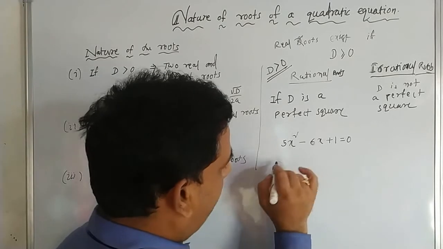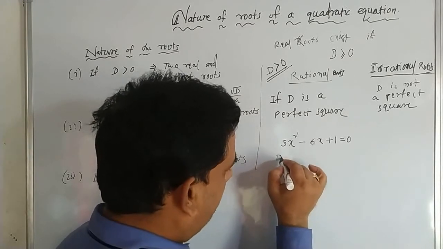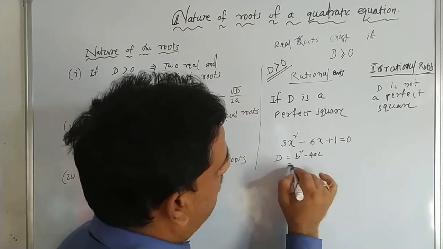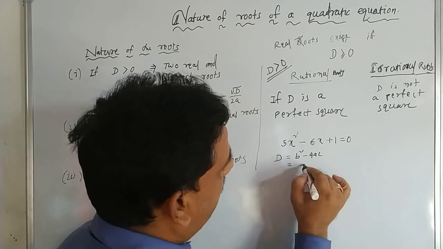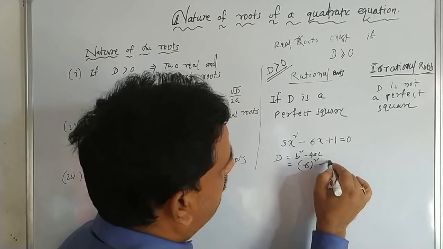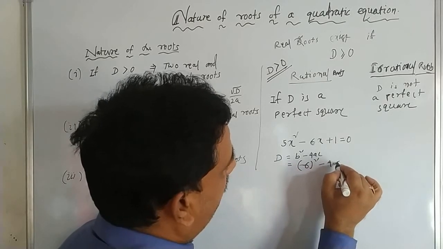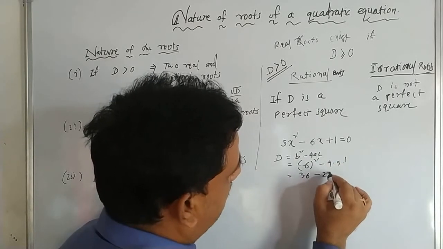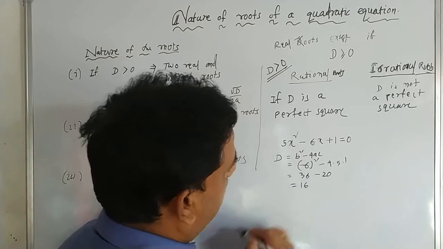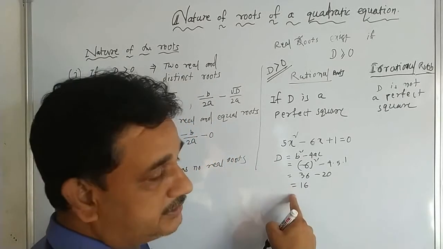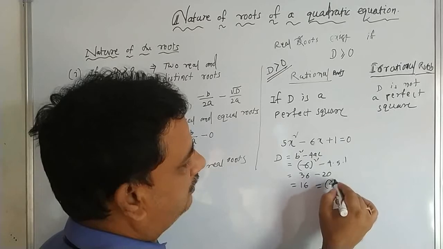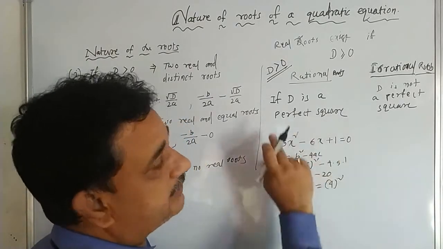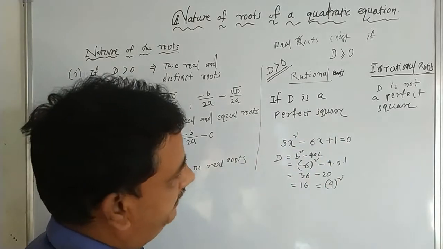So let us find D. D is equal to b square minus 4ac. So b is minus 6, whole square, minus 4 into a is 5 and c is 1. So 36 minus 20 is equal to 16. D is equal to 16, which is 4 square. It is a perfect square. Hence, if you solve it, you will definitely get rational numbers.